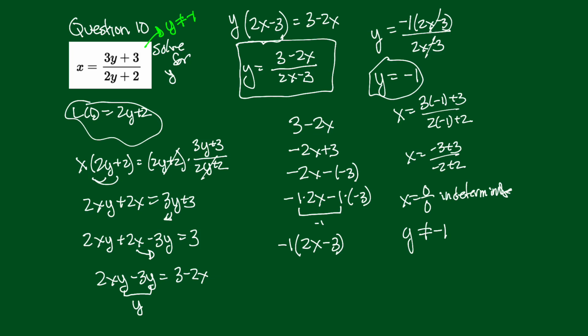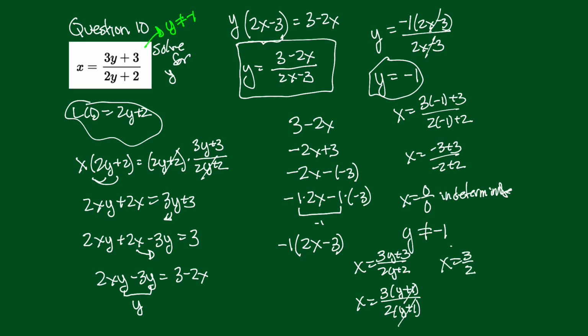So what is y? Well, here's another way to look at this. We started out with this equation here. X equals 3y plus 3 over 2y plus 2. Now, let's factor. X is equal to, take a 3 out of the top, y plus 1, take a 2 out of the bottom, y plus 1. Those cancel, and I'm left with this. X equals 3 halves.